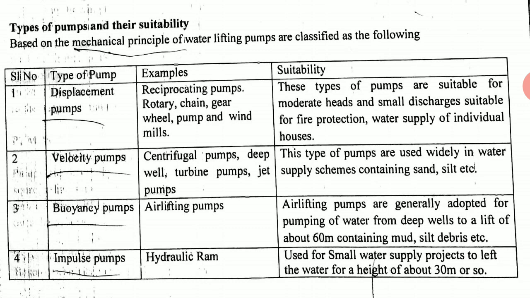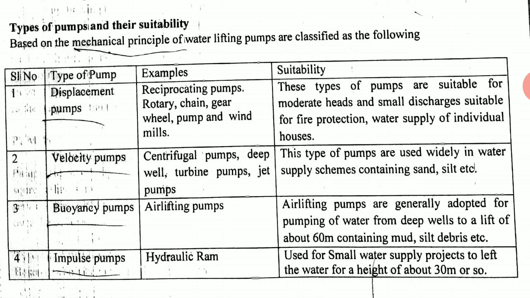Types of pumps and their suitability. On the screen, a table is provided. You can refer to it for different types of pumps, with examples, and the suitability, where exactly the pumps are suitable for different purposes, as shown in the table.